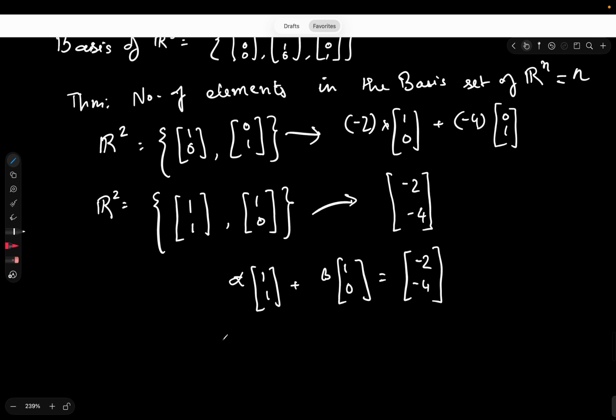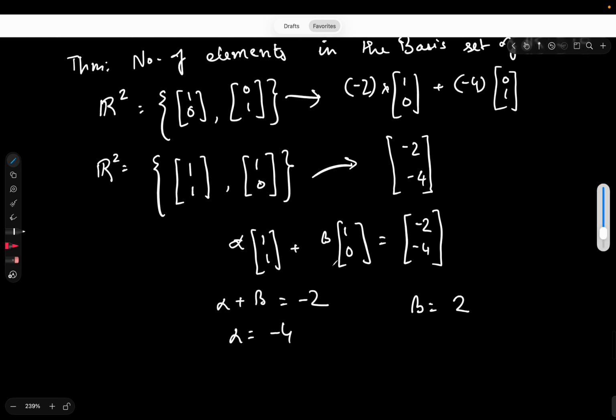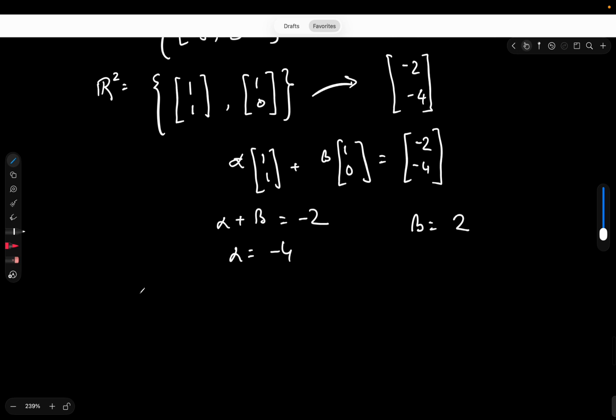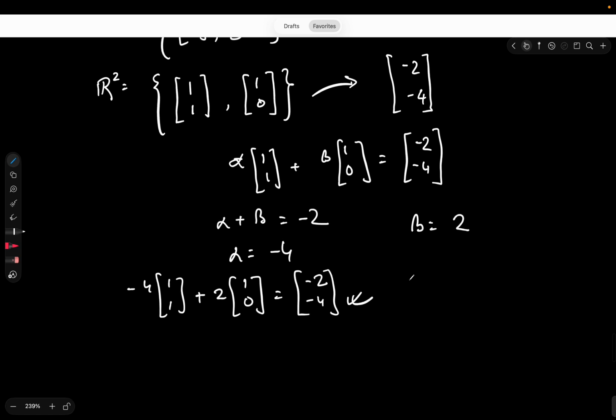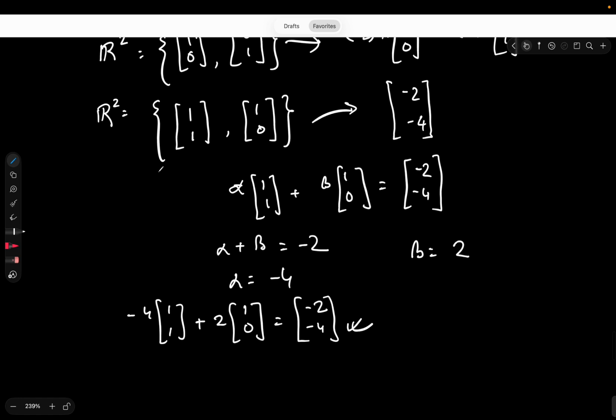So alpha plus beta is -2 and alpha equals -4, so beta will be 2. Now put them in: -4 into 1 1 plus 2 into 1 0 gives -4, -4 plus 2, 0, which is -2, -4. So you get the same vector. So this can also be a basis for R2.